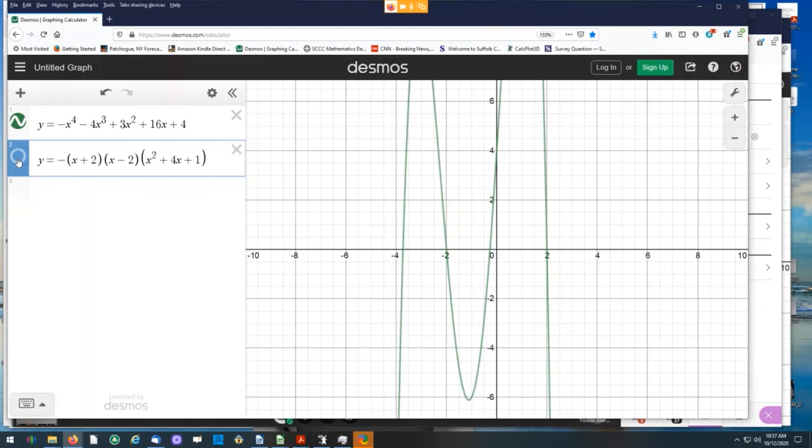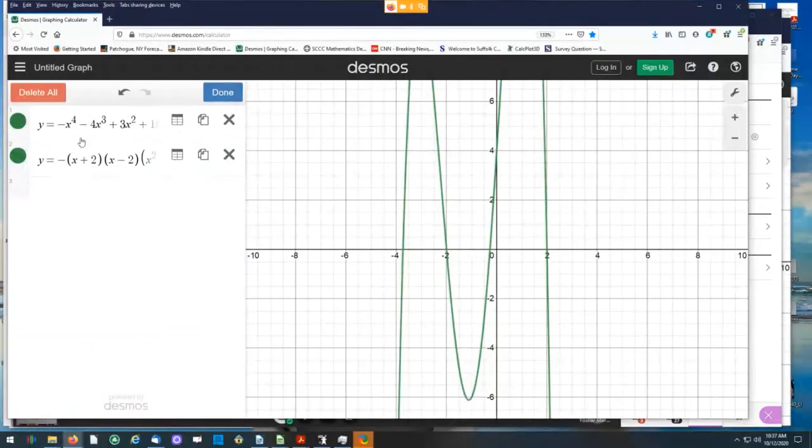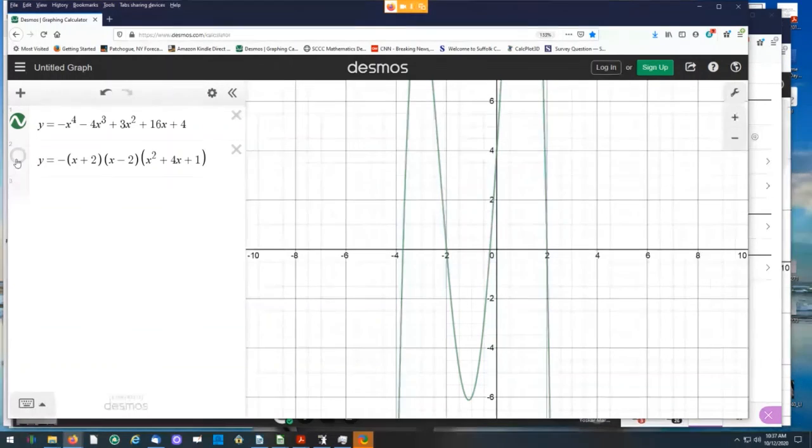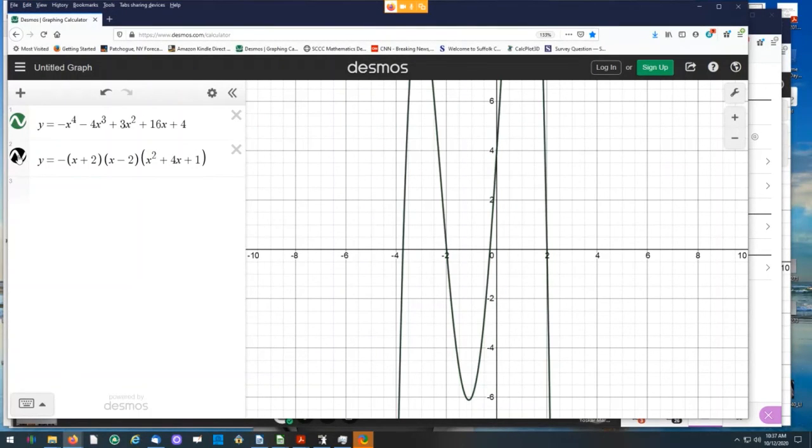Now let's change the color so we can see that there is a different color on this one. I'll make that black. So if I shut this off, you can see it's the same identical function. One is multiplied out, the other one is in factored form.